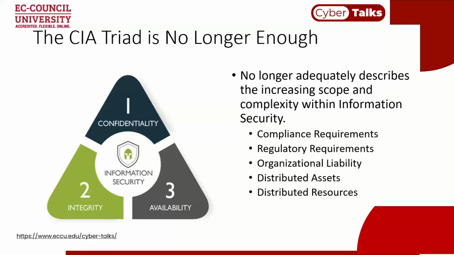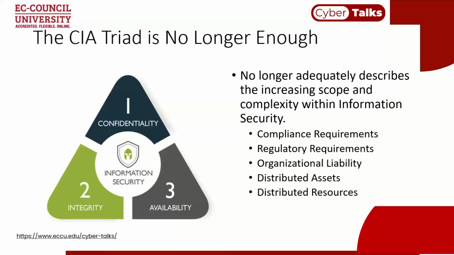The CIA triad, the confidentiality, integrity, and availability triad, has slowly started to break out. It's no longer a triad, because now you have to take into account a lot of the requirements around security, compliance, regulatory, and of course the way that the compliance impacts security can also impact your triad.